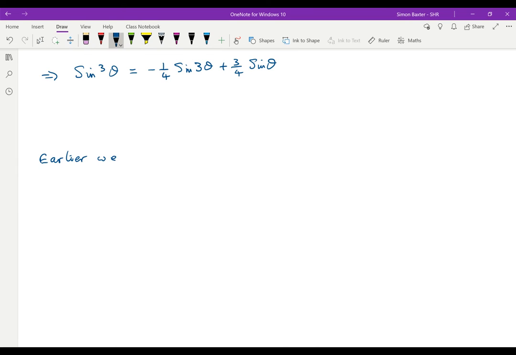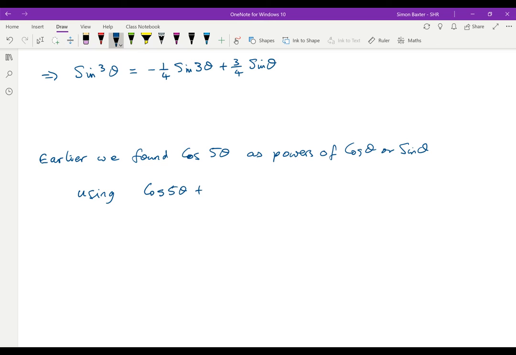so earlier we found cos 5 theta as powers of theta, well, cos theta or sine theta, using cos 5 theta plus I sine 5 theta, don't really need the brackets, is cos theta plus I sine theta to the power 5.